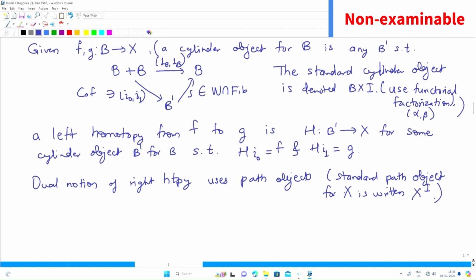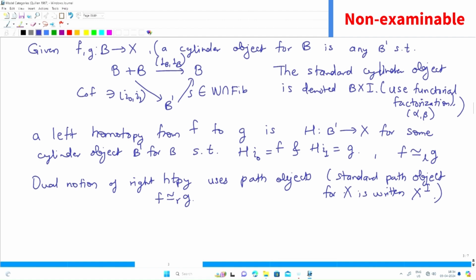But again, I has no meaning. There are no exponentials in the category of topological spaces. These are just for our understanding. So F is left homotopic to G and F is right homotopic to G.